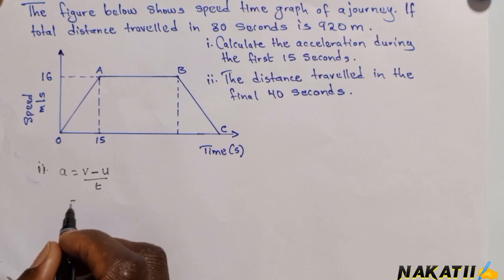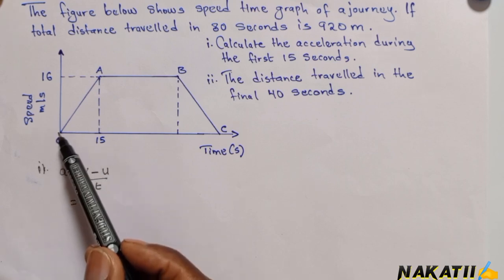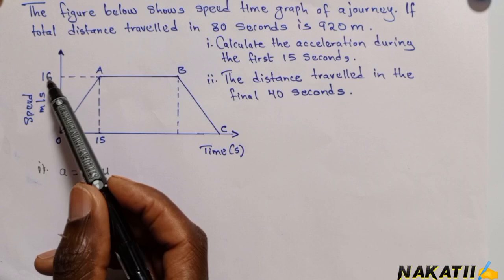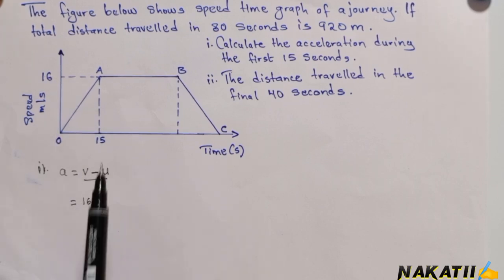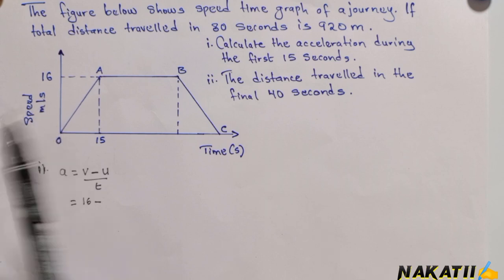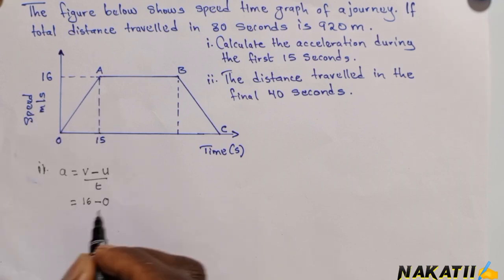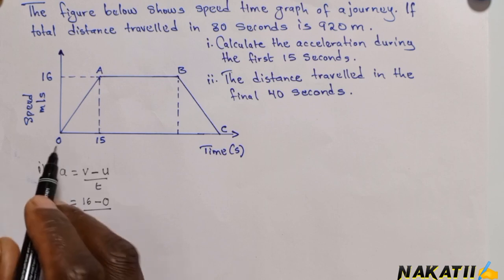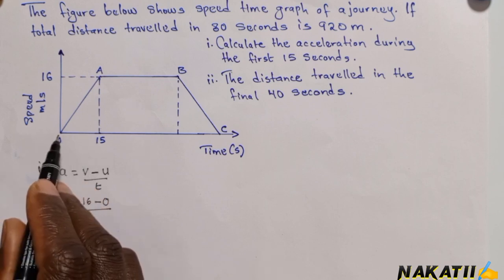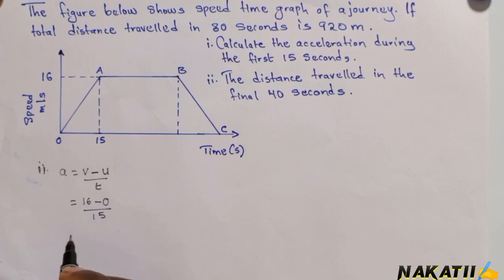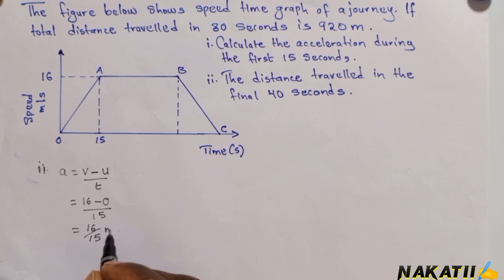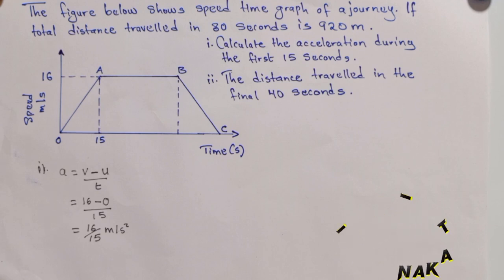Our final velocity was 16, minus the initial velocity, which was 0, then divided by the time taken from this point to this point, which is 15. When you do this, it is 16 over 15 meters per second squared. That will be the acceleration.